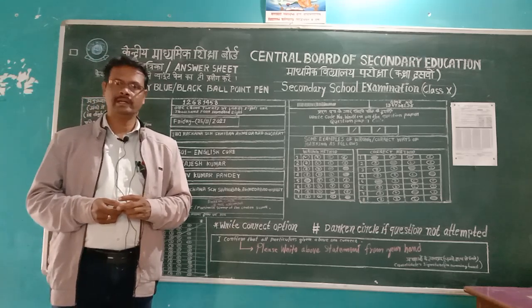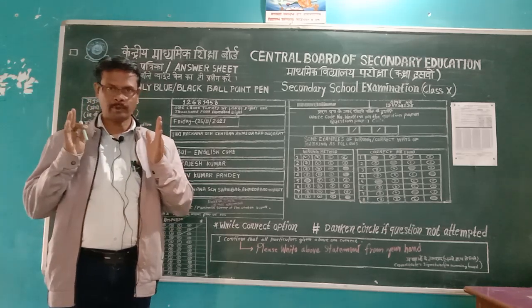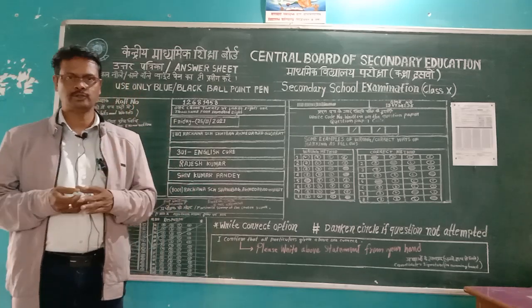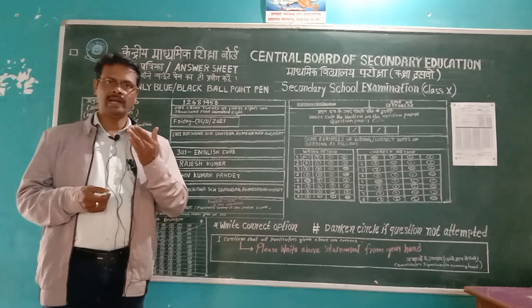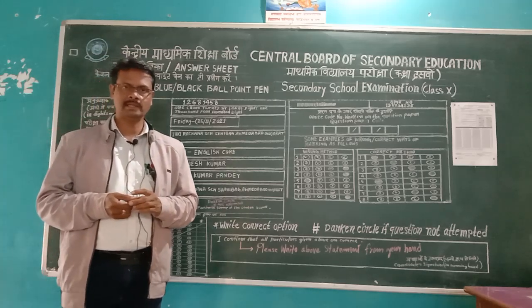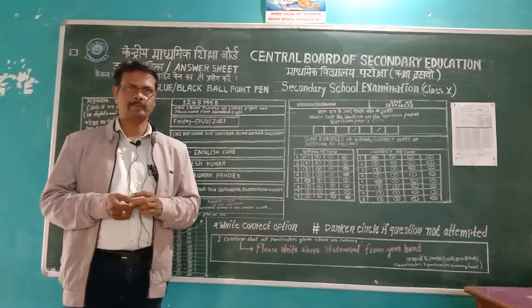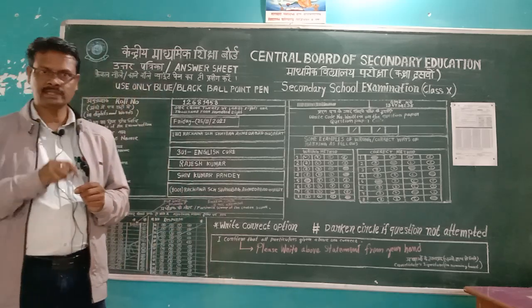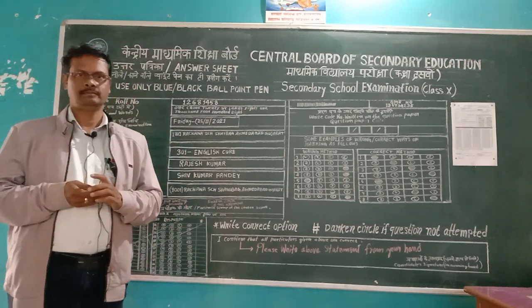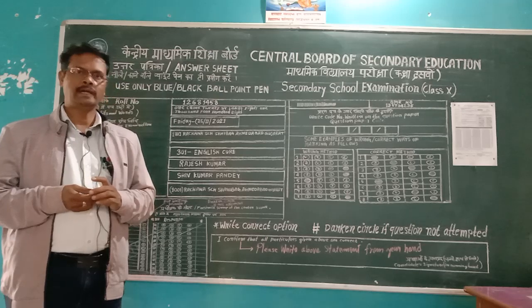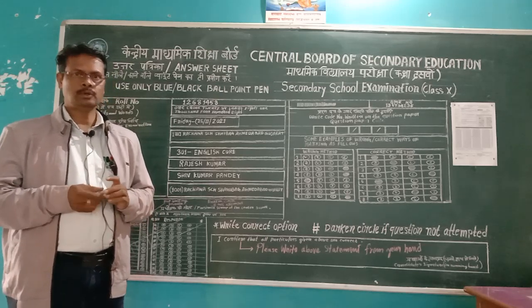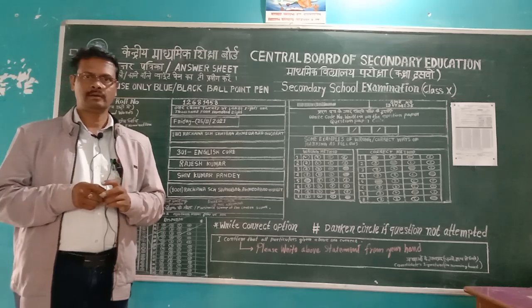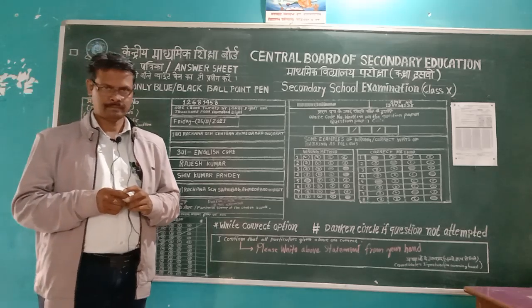From 11 to 11:10, the question paper packet will be opened in front of all the students and the assistant superintendent. From 11:10 to 11:30, 20 minutes is given to students to read the question paper. Then the examination will start at 11:30 am and conclude at 1 pm. So 1.5 hours is given for the examination.